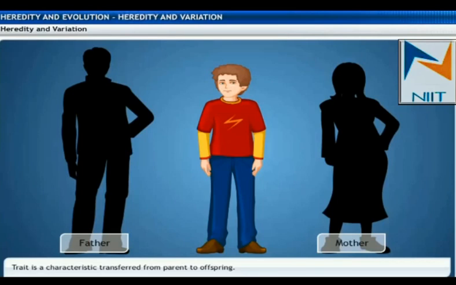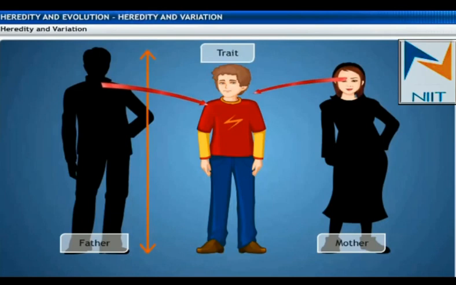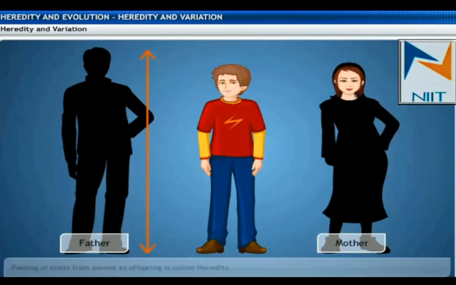Any characteristic that is transferred from parent to offspring, such as height and color, is known as a trait. As this trait is inherited from the parents, it is known as an inherited trait.